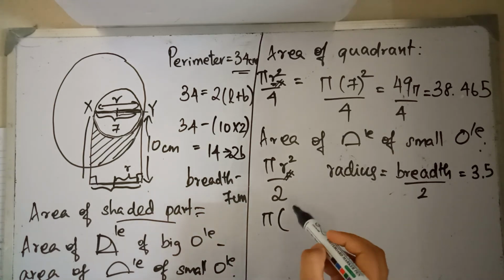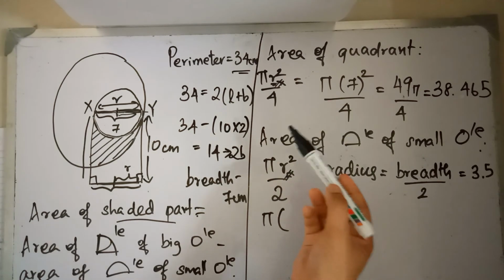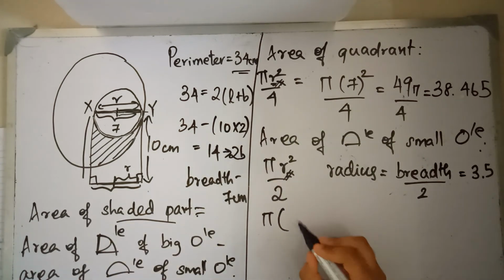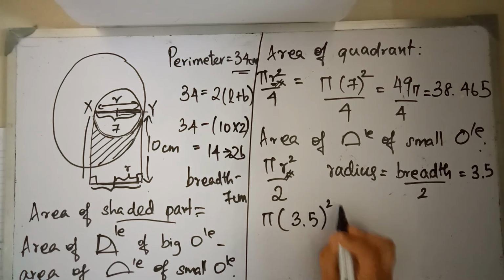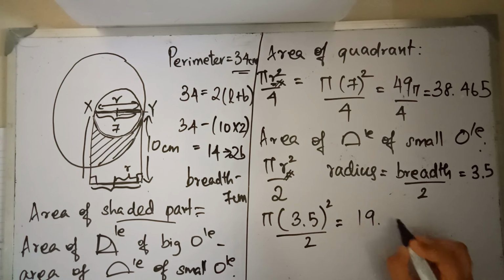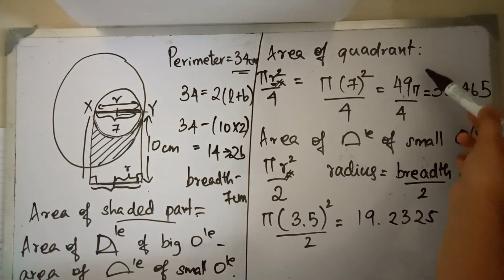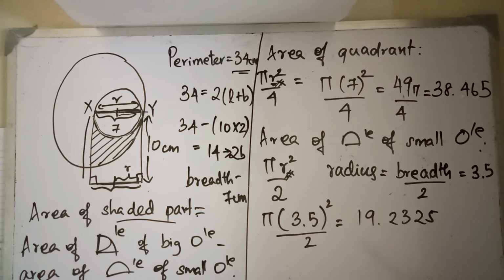Note that the formula for semicircle is pi r square by 2, but for quadrant it's pi r square by 4. This will give you 19.2325. Now we have to find out the shaded part, which is area of quadrant minus area of semicircle.